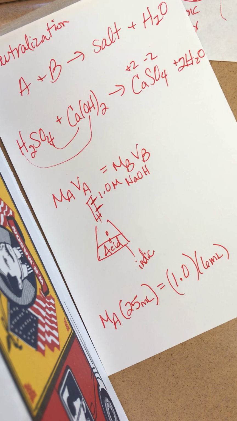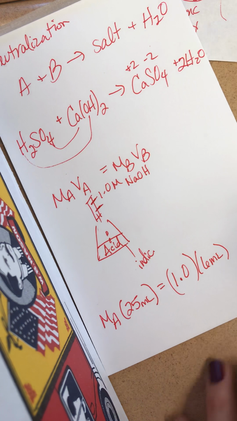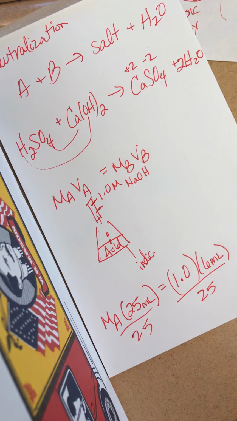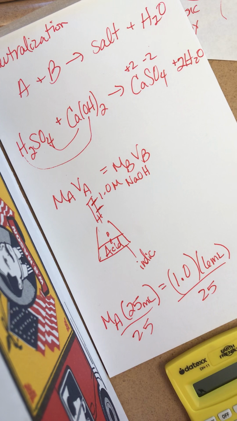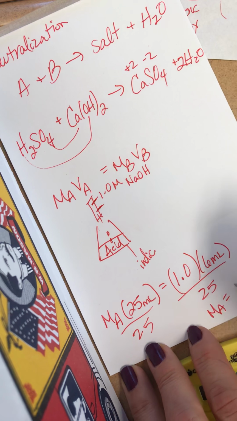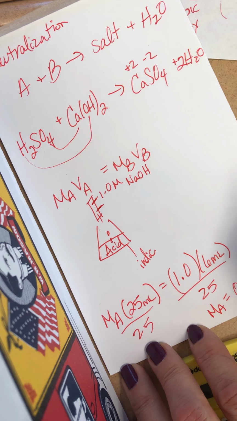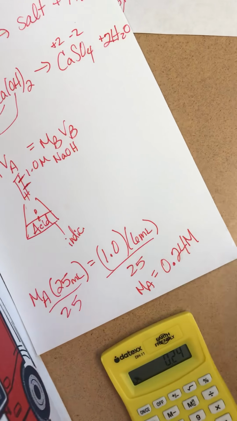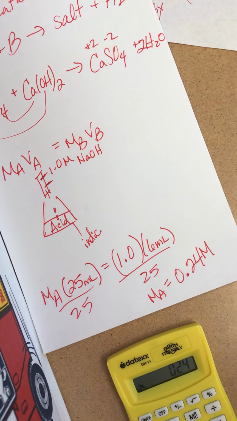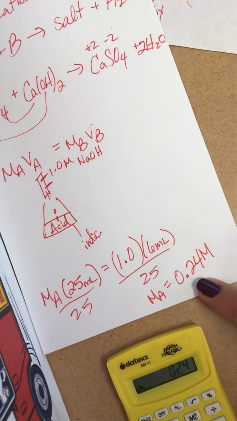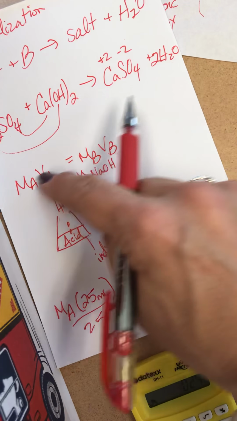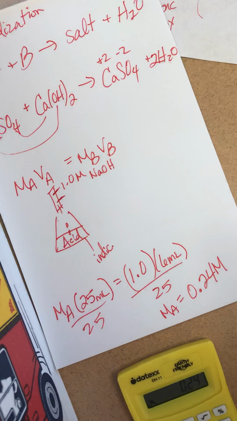So you grab a calculator and you are going to solve. So divide this side by 25, divide this side by 25, 6 divided by 25. I would get the molarity of my acid is equal to 0.24 M. So that is how you do a neutralization reaction, and that is how you calculate the molarity of the acid. No matter what you're looking for, there's just always going to be one X, and you're going to solve for it.